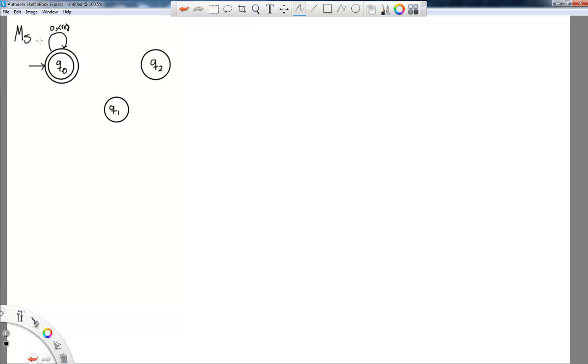So if this machine had a reset button, reading the reset is going to be one of those symbols. So we stay in Q sub 0 if we see 0 or reset. If we see symbol 1, we go to Q sub 1. And if we see symbol 2, we go to Q sub 2.